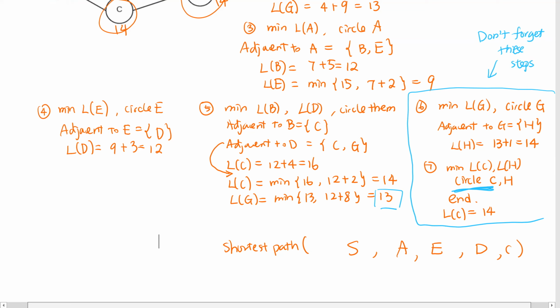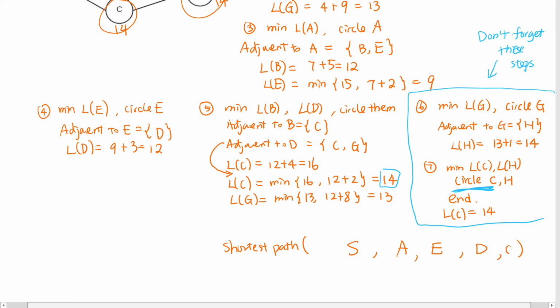Even though you have a label of 14, you haven't shown it is the shortest path. You have to continue until you're able to circle that vertex to show it is really the shortest path.